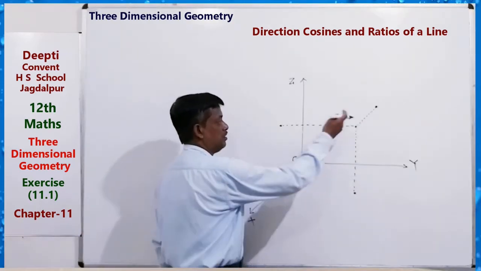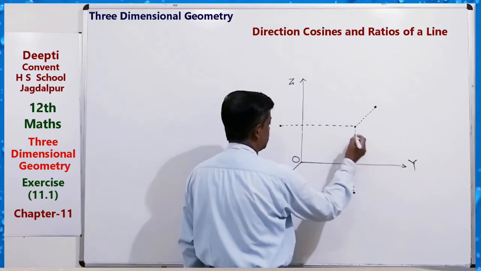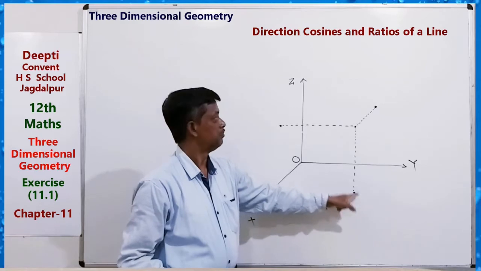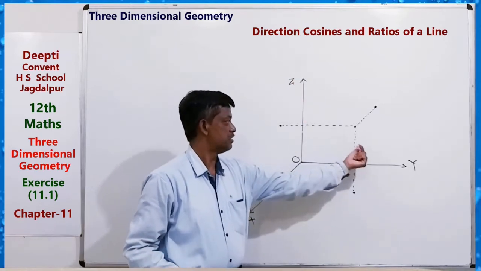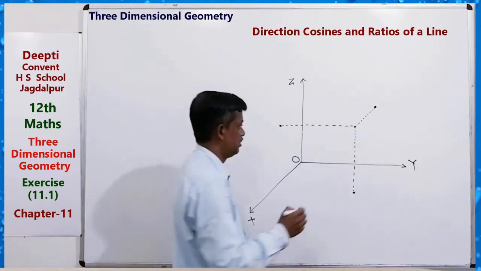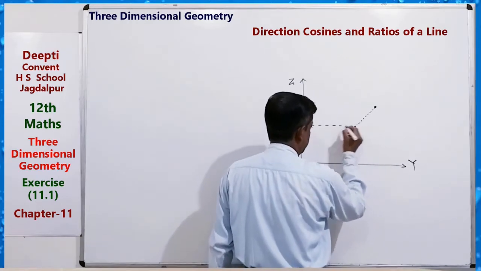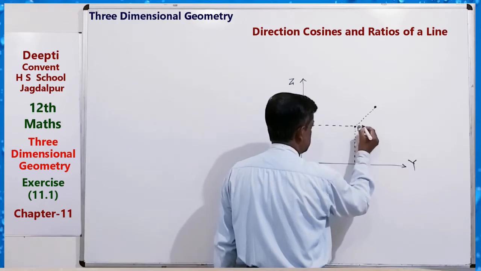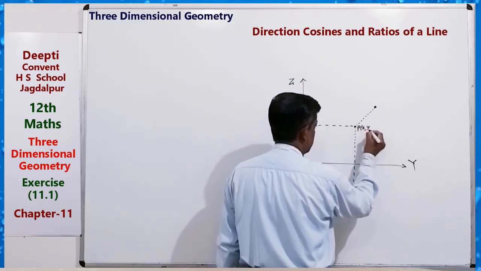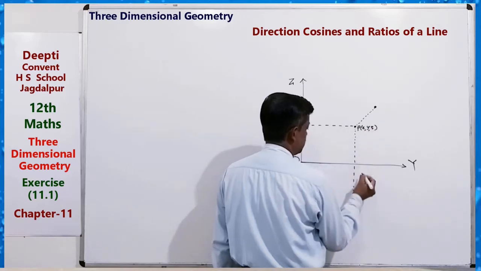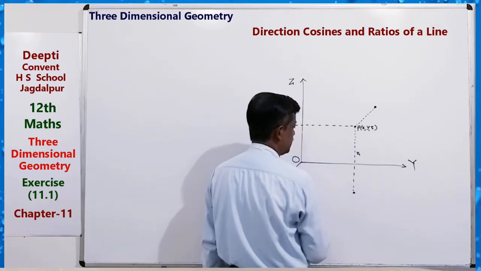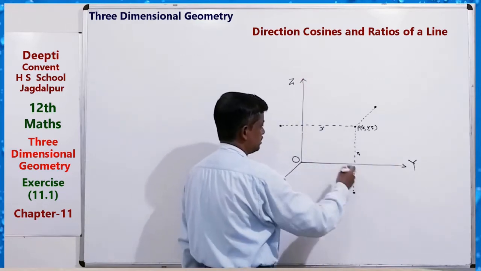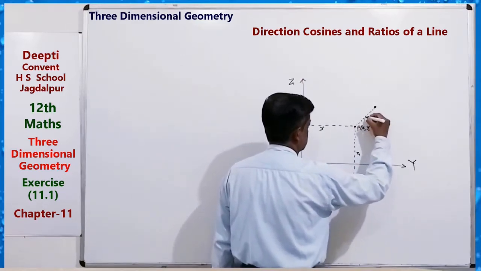So this distance is along the z-axis. So this is z. This point is P. This is x, y and z. That means this value is z along the z-axis, this value is y along the y-axis, and this value is x.